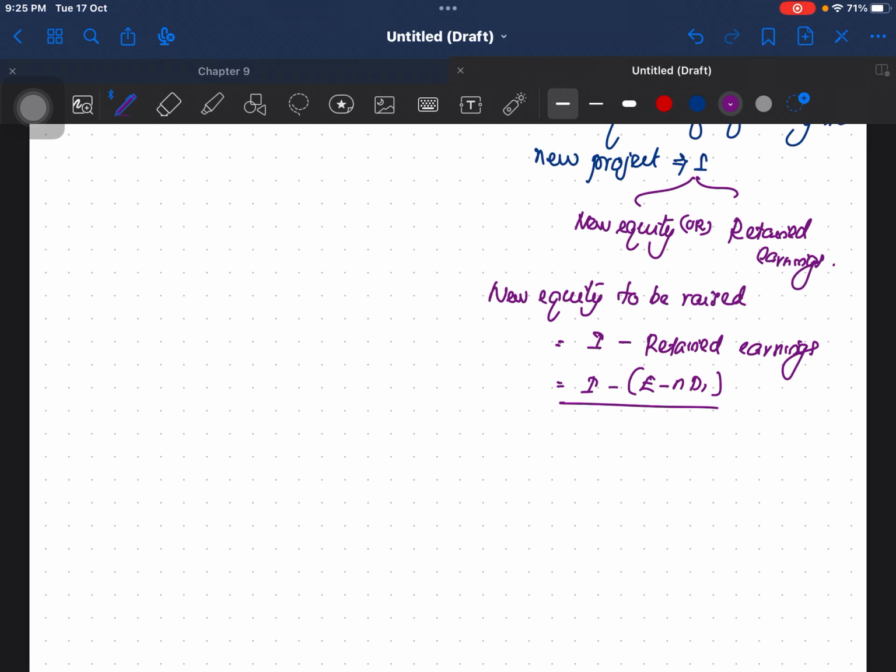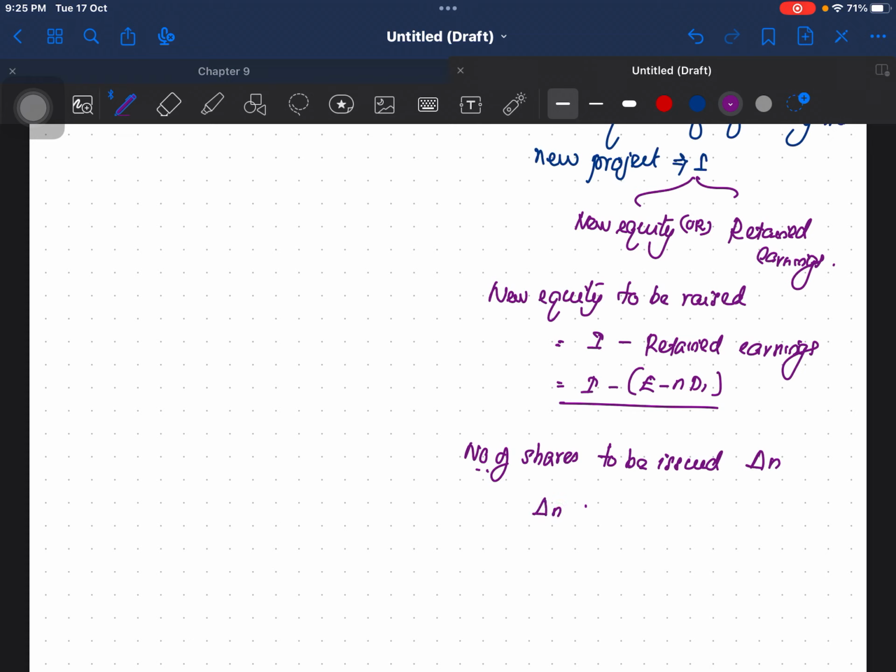Now if this is the case, the number of shares to be issued is nothing but delta n.